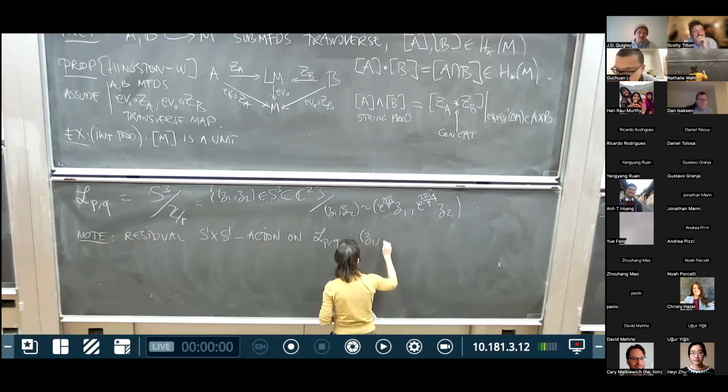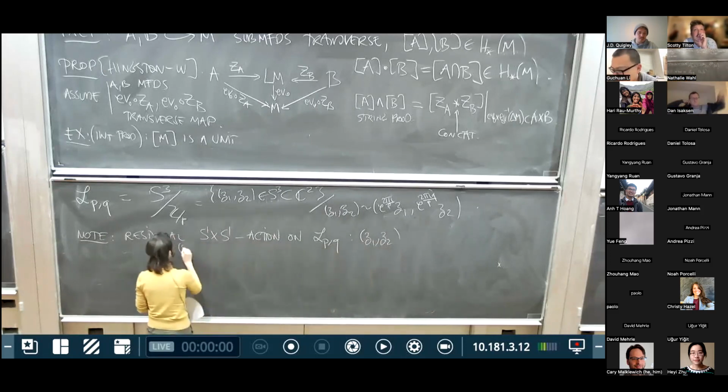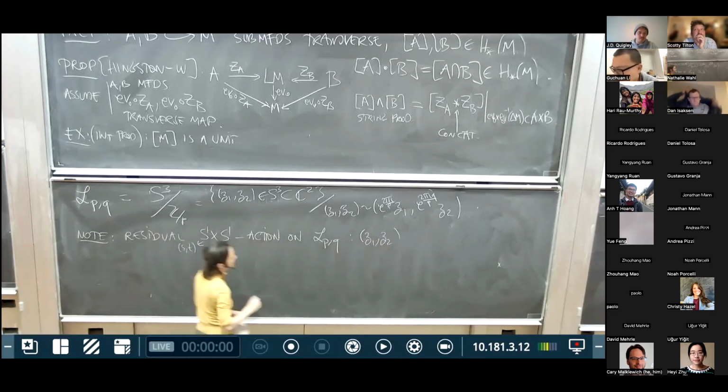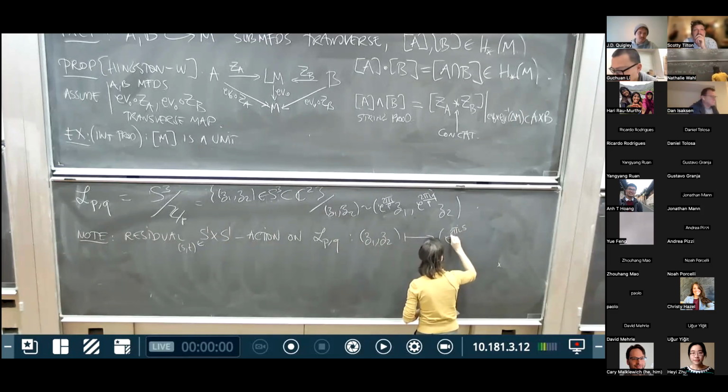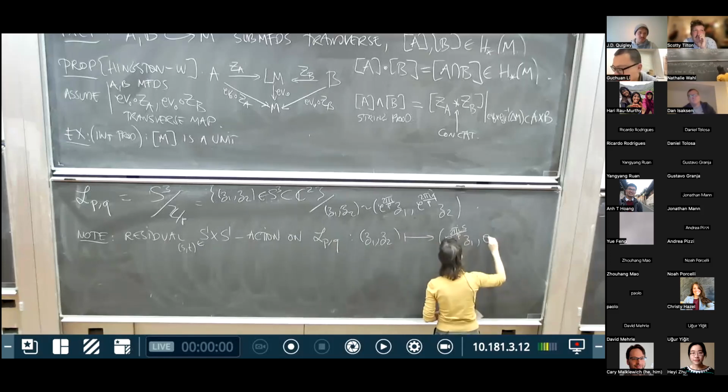Which takes (Z1, Z2), let's say I take an S in the circle, it takes (Z1, Z2) to e^(2πiS/P) Z1. And then I have to take e^(2πiQS/P) for Z2 for this to be well defined.